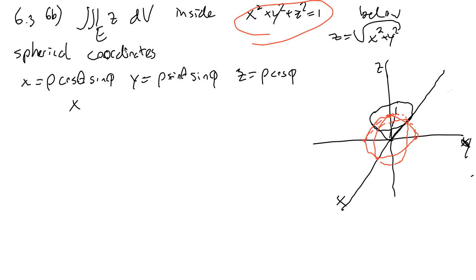And another important equation is that rho is the distance to the origin, so x squared plus y squared plus z squared is equal to rho squared. I think these are the important equations of spherical coordinates.